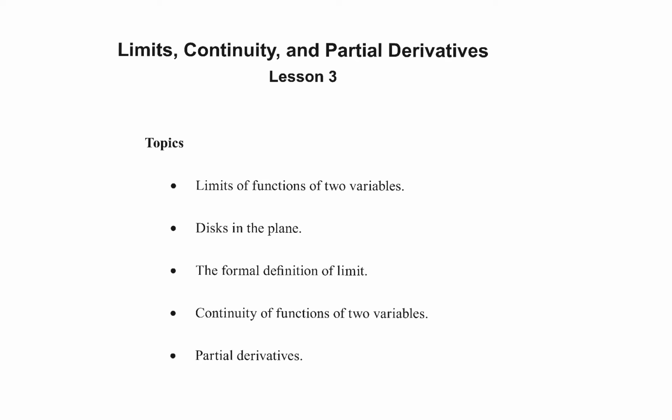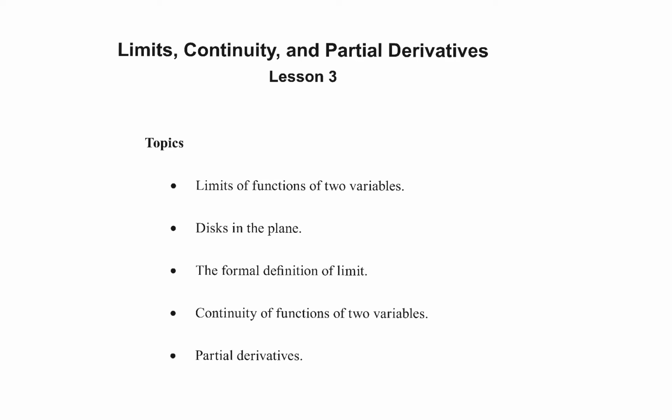Now, for two variables, we need to define a disk in the plane. The definition of limits is related with disk in the plane. So you approach a point, x0, y0, on a surrounding of the point that is a disk.